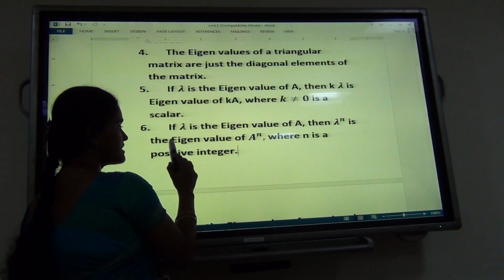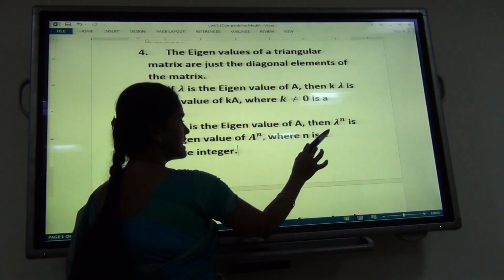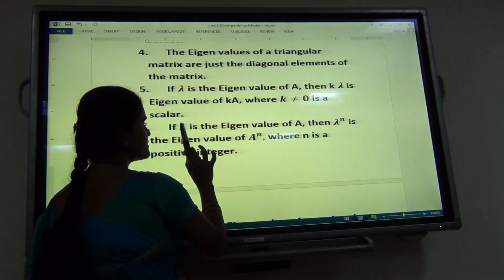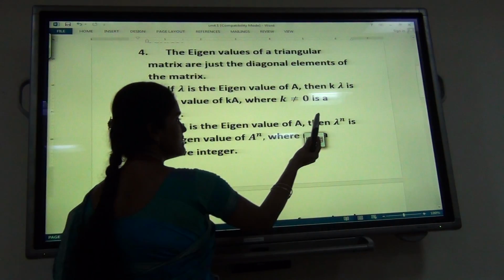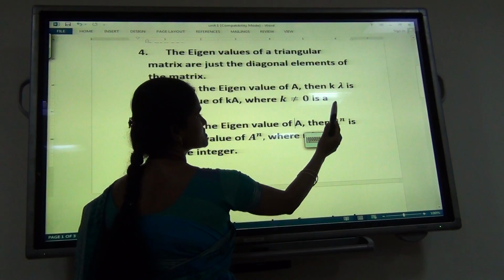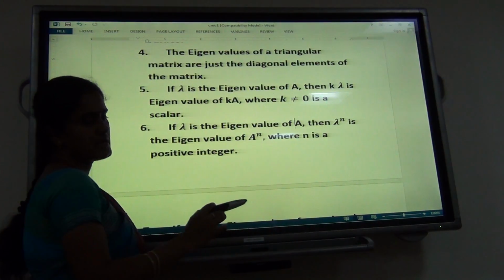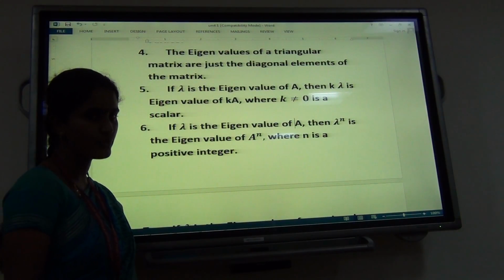To find the eigenvalues of A square, it is enough to find lambda square. That is, if lambda 1, lambda 2, lambda 3 are the eigenvalues of A, then lambda 1 square, lambda 2 square, lambda 3 square will be the eigenvalues of A square. Similarly for A cube, A power 4, like that.